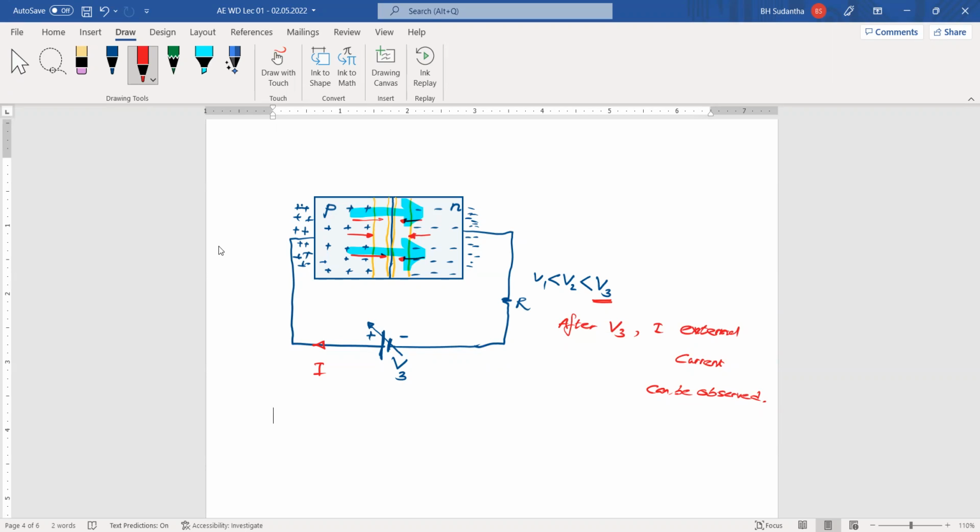No. At V2, we have increased the applied voltage V up to V2, but still we can't observe the current in the external path. Okay, but after increasing the voltage to a certain level, it may be V3, we'll find that figure later. But when you increase this one, then you can see the external current will be there. Okay. Okay, now how can we figure out this one? How can we say this one?